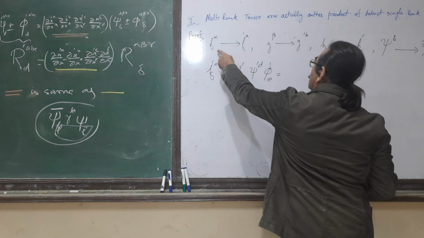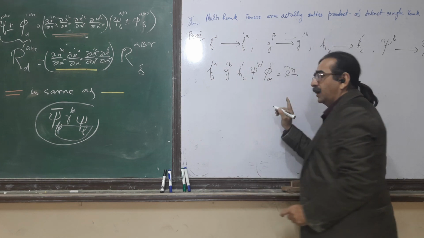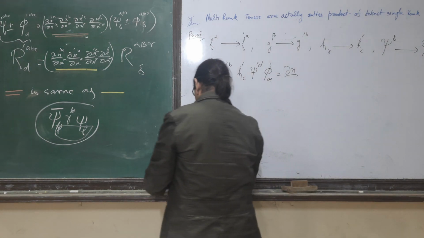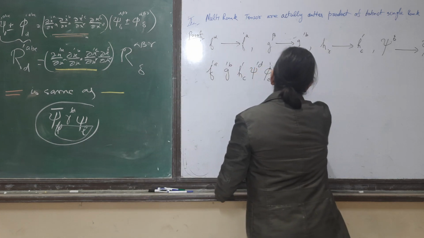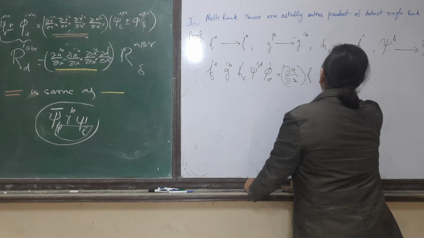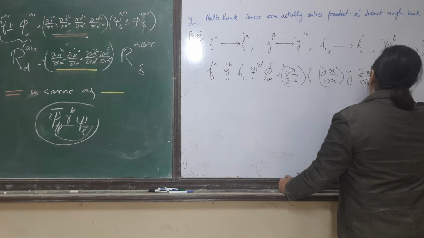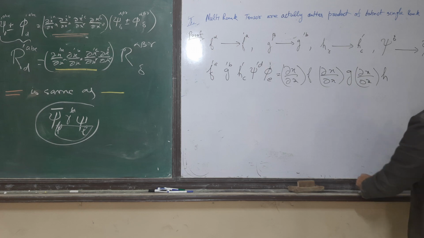Now these are converting into, F is converting into alpha. So all are single-line tensors, so a single transformation law will be applied on everything. F, G, H, psi and phi.